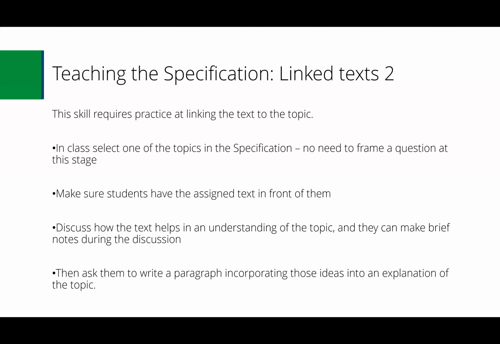Make sure students have the text in front of them. One way could be to photocopy the text, give it to them, and use some highlighters, asking them to highlight things that speak out to them. How can they build that up if somebody is talking about a certain topic? Discuss how the text helps an understanding of the topic and help them make notes around it.